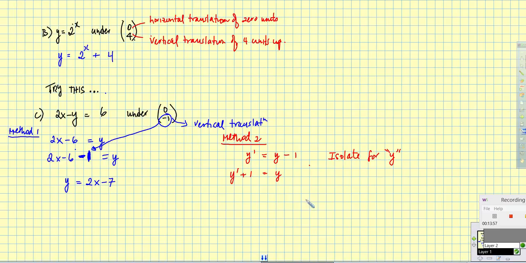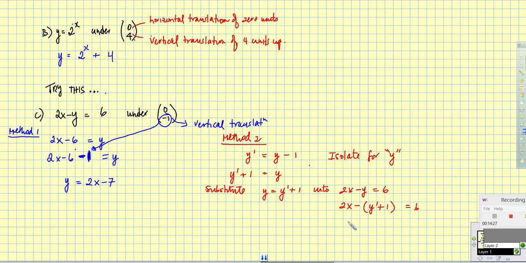And what I can do now is substitute y equals y prime plus 1 into the given equation, 2x minus y equals 6. So that I end up getting 2x minus bracket y prime plus 1 is equal to 6.